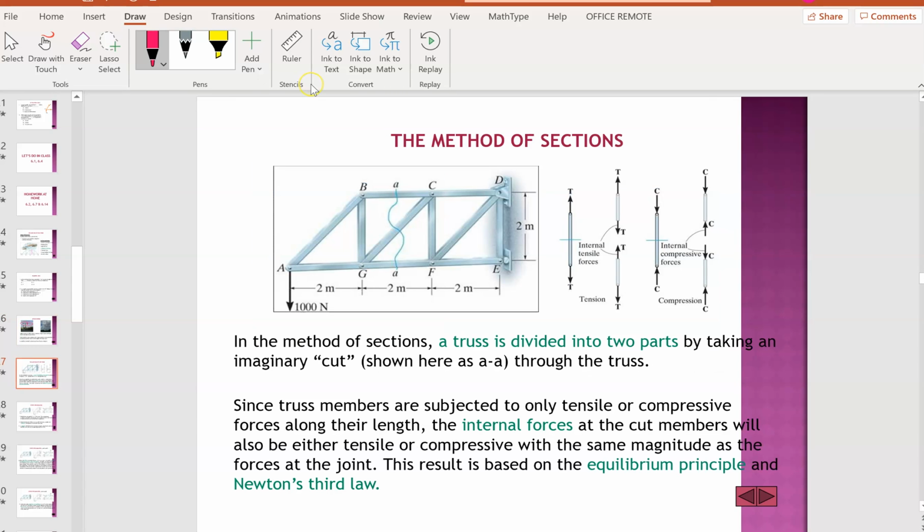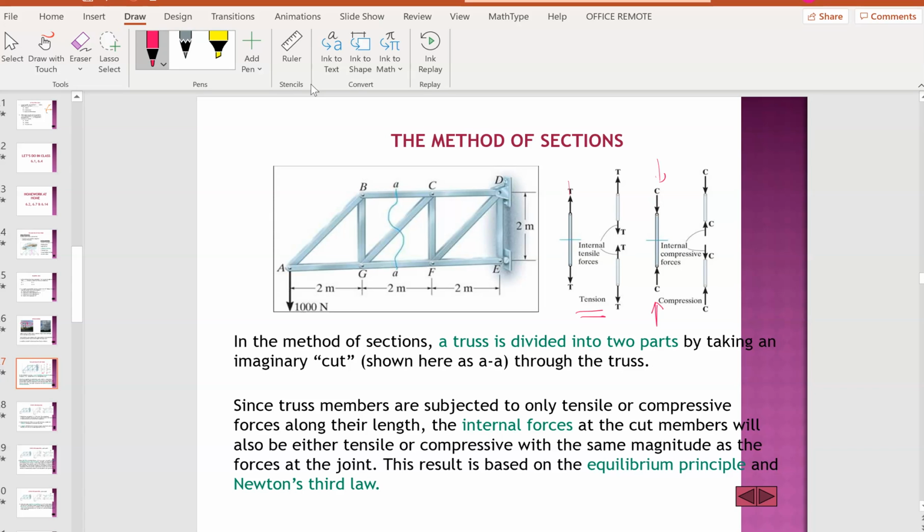Let's look at this. If you have a force member which is under tension, remember the previous lesson, when the rod is pulled, it is under tension. When it's being pressed, it is under compression.